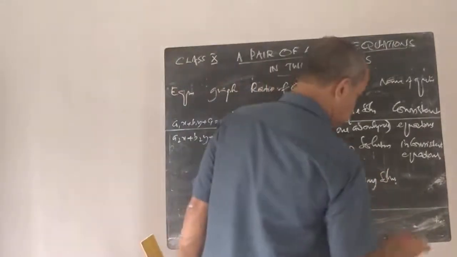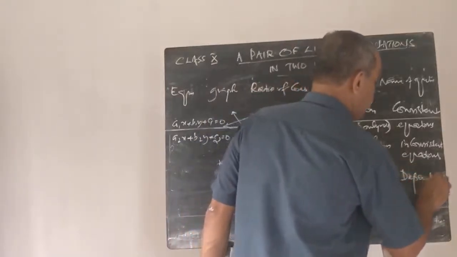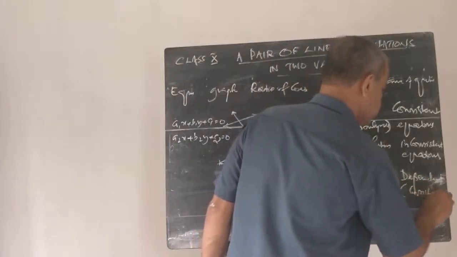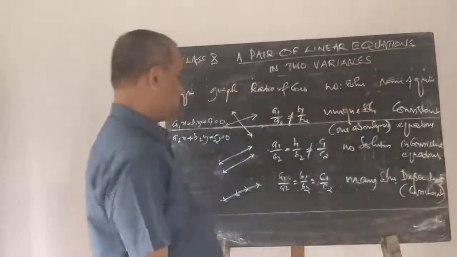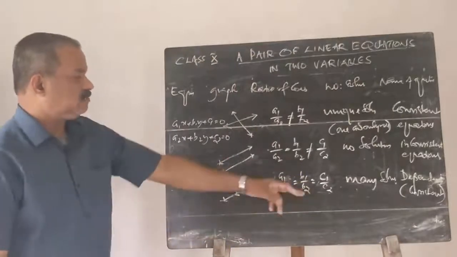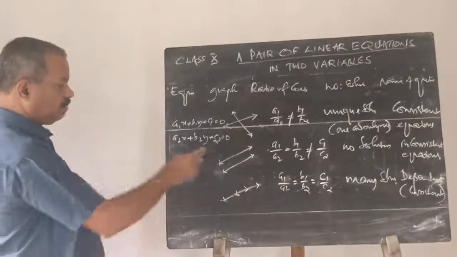Name: dependent, consistent. Here the ratios of the coefficients a1 by a2 and b1 by b2 and c1 by c2 are equal. So we can frame the equation.